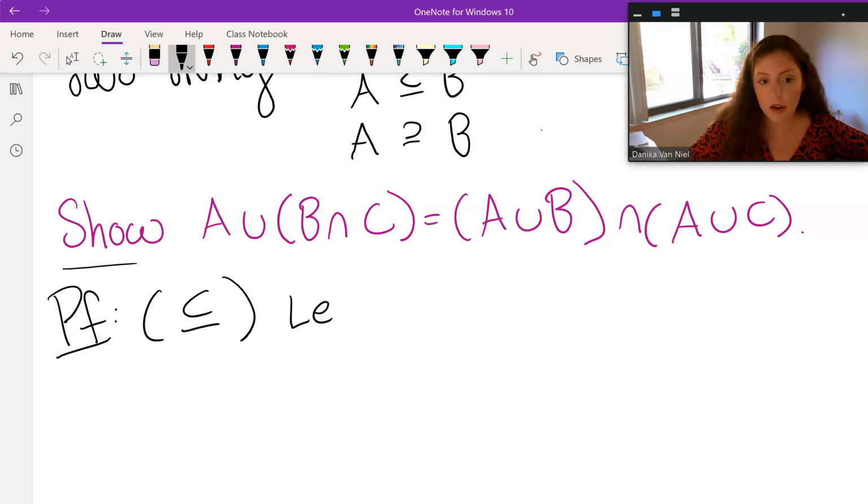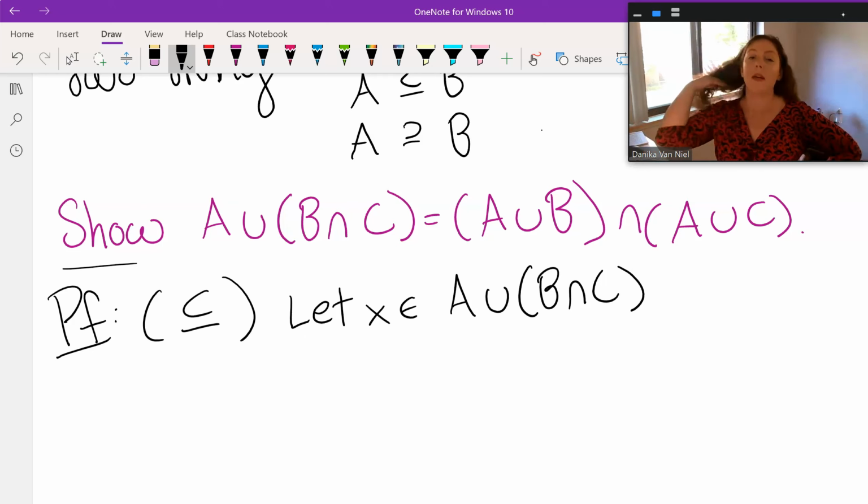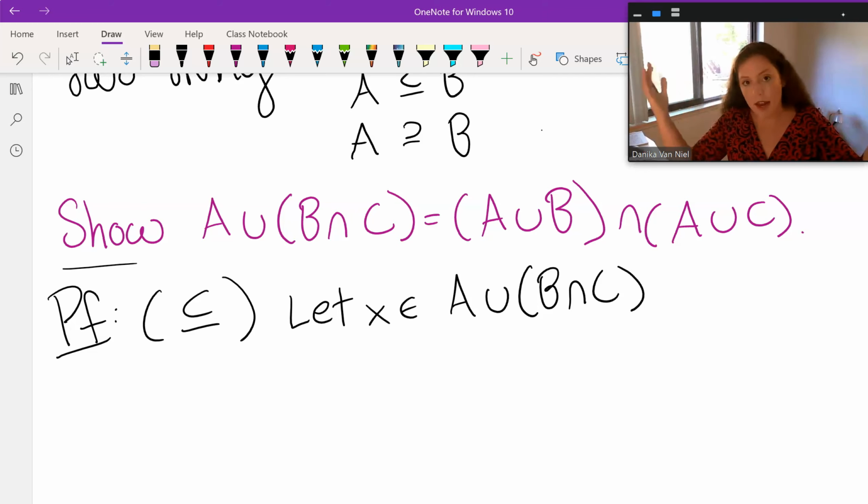All right, so I want to start with just some element in the left-hand side: A union the set B intersect C. Because remember, I just want to show that any element over here is also over here. So let X, some element X, be in A union the set B intersect C. Notice I'm not saying anything specific about X. X is just an element.